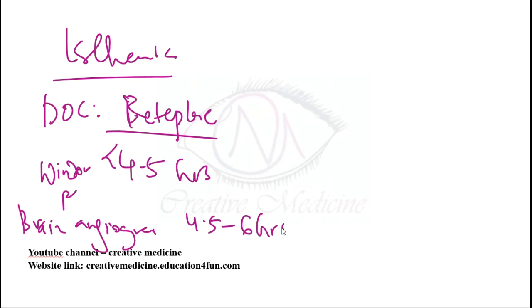So in acute ischemic stroke, the window period will be less than 4.5 hours of symptom onset and brain angiography will be 4.5 to 6 hours. So you give reteplase. This is for acute ischemic stroke.